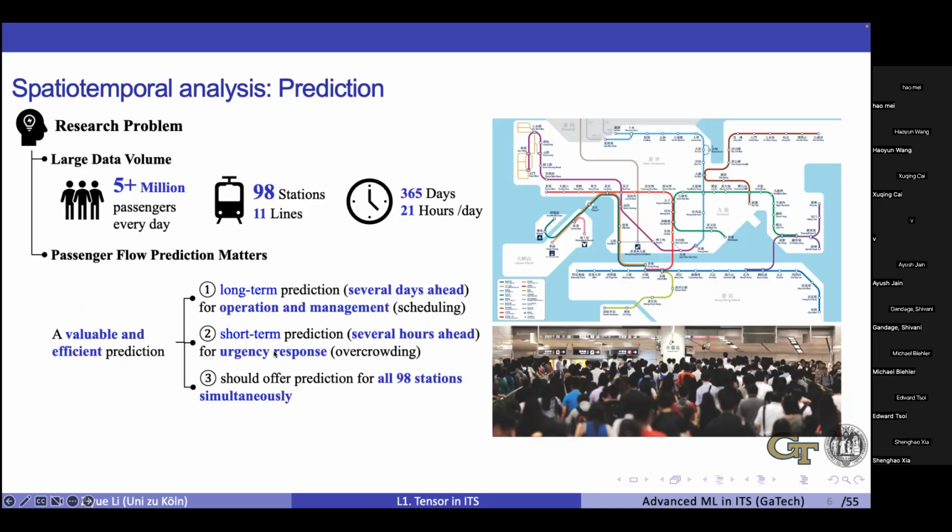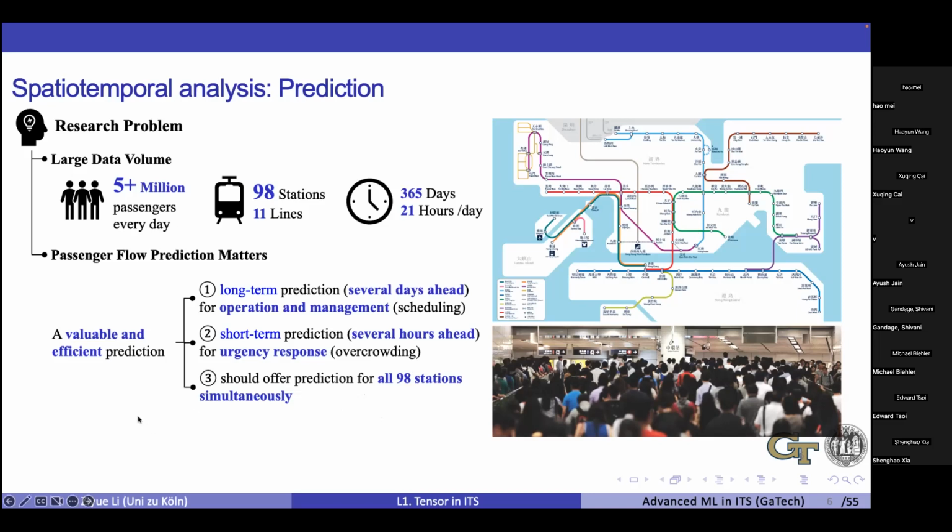This is more like, if overcrowding is happening, then they can respond in a really timely way. And since we have 100 stations, it's also important to offer the prediction for the 100 stations simultaneously, instead of predicting one station after another, which is not efficient.